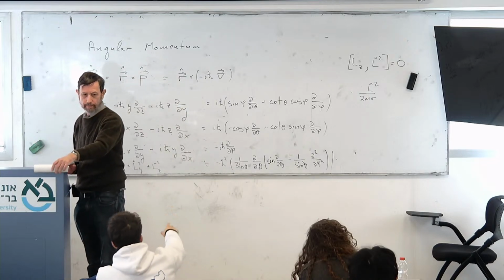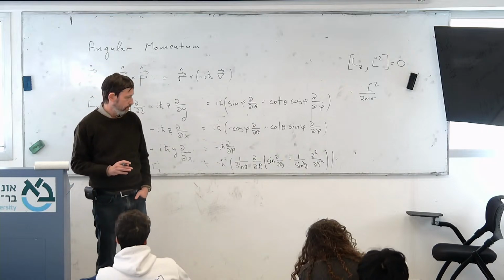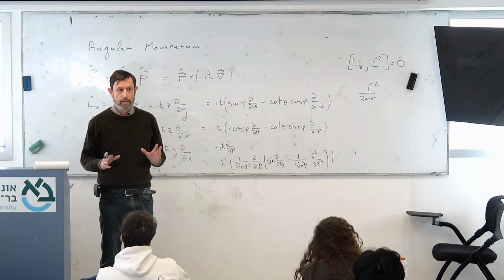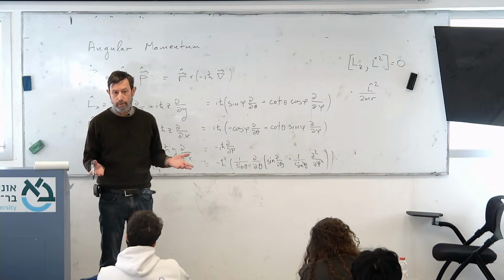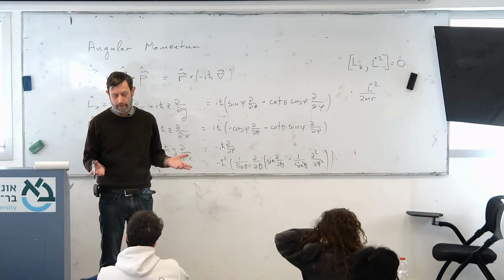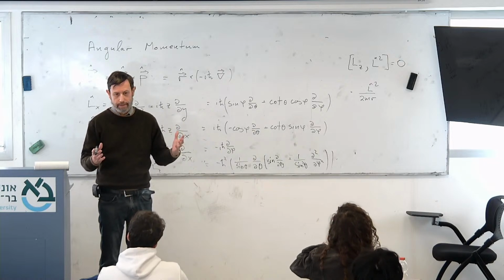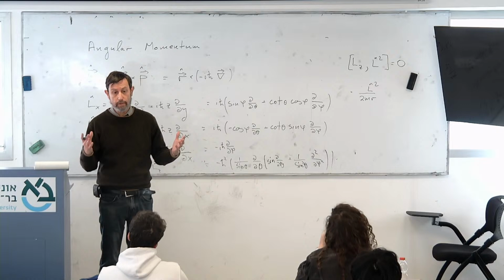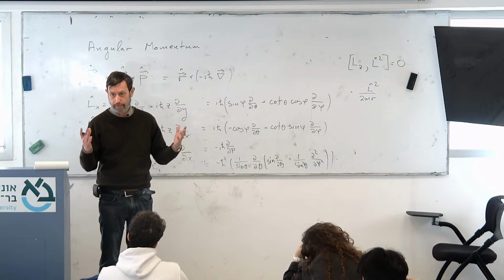How did you know that the theta part and the phi part commute? Two variables always commute if they're different. What was the problem with x and p? P was defined also in terms of x, d over dx. That made life miserable.